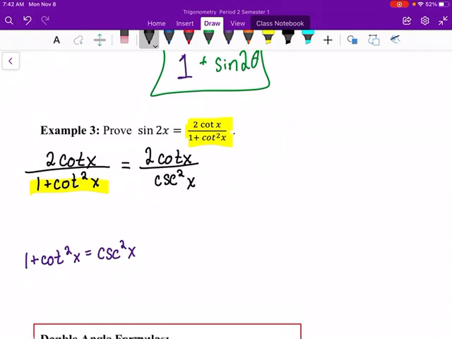Okay, the next thing I'm going to do is change it to sine and cosine, and also change it to a multiplication problem instead of a division problem. So we would have 2 cotangent is cosine over sine, and then multiply. Cosecant squared is the same as 1 over sine squared.